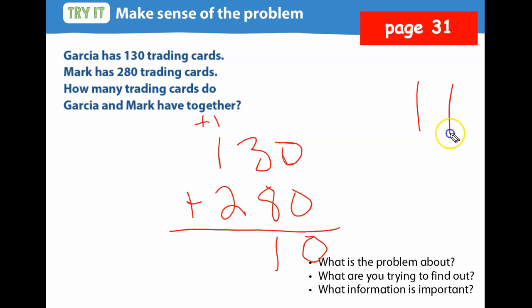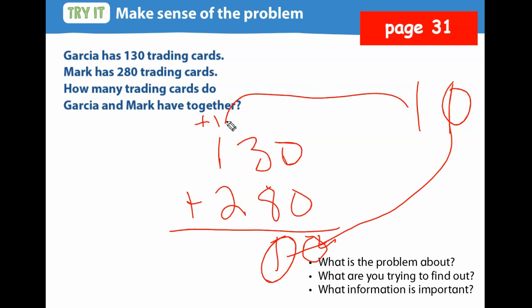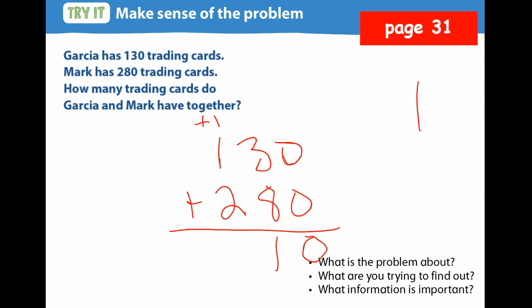Then this number I carry over. All right. So what's 1 plus 2? 3. Okay, plus the number that I carried, 4. That's what I want, and that's what I'm doing.